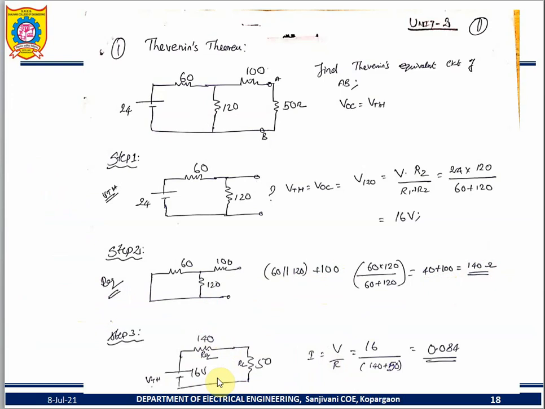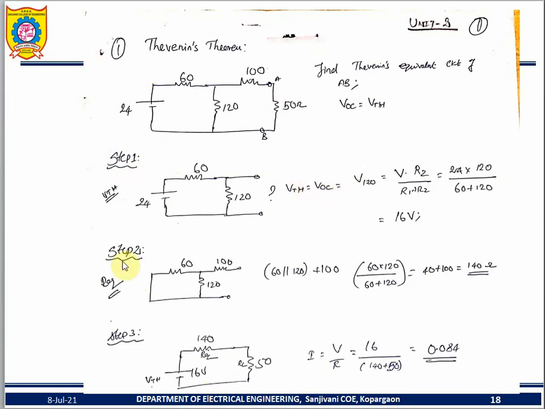So coming to the point, what is the statement? The statement is about a complicated circuit. Step number 1, find the open circuit voltage or Thevenin's voltage.